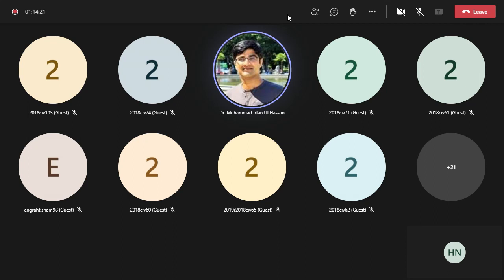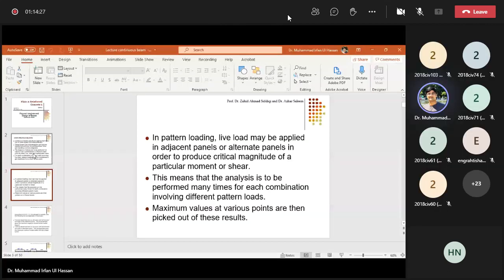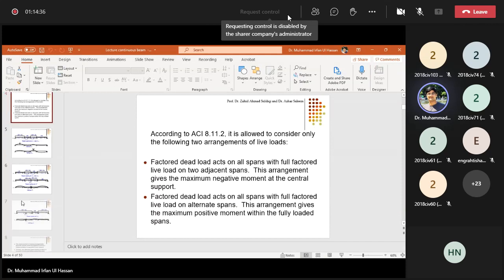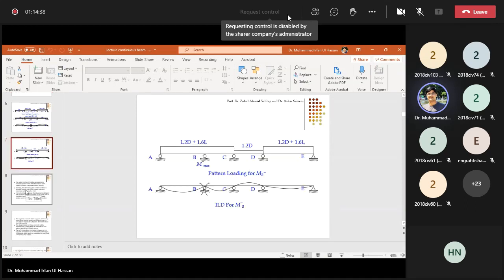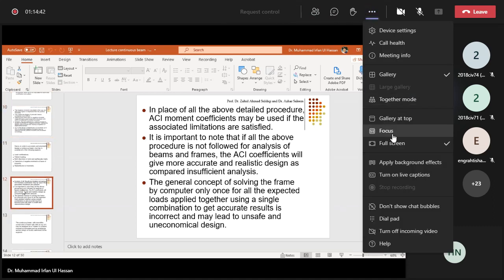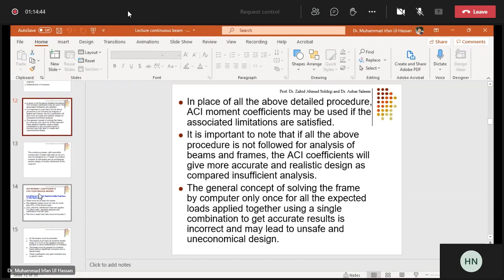in many structures. Here you can see the continuous beams are beams which have two or more spans, and in a continuous beam the bending moment can be negative or positive, but ACI coefficients are available for the continuous beam.